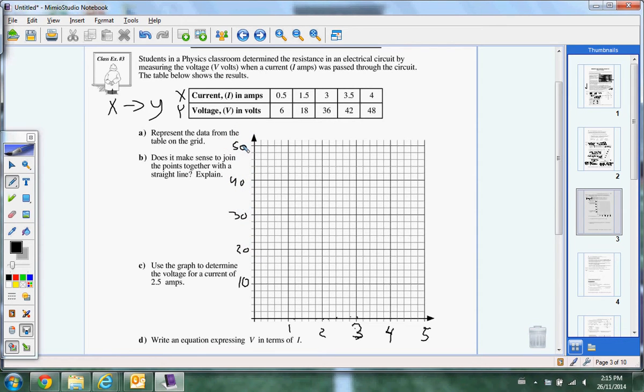Okay, so I'm going to plot them. So at 0.5, I'm at 6. So 0.5 would be 6, right there. My first one. And at 1.5, I'm at 18. Right there. At 3, I'm at 36.